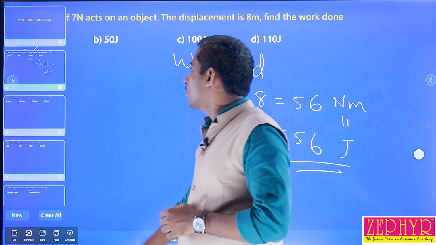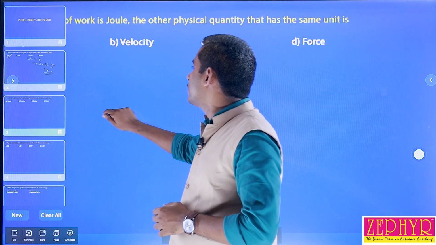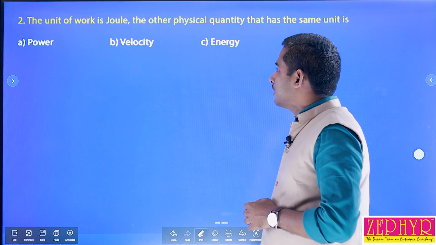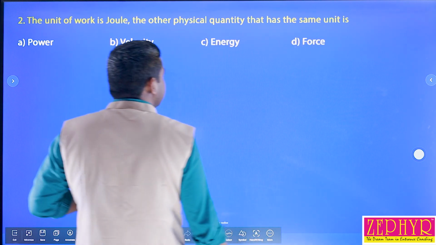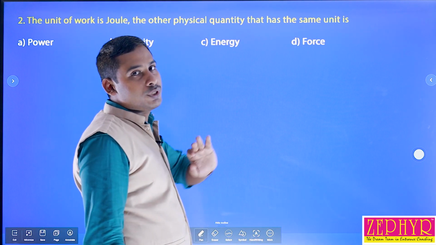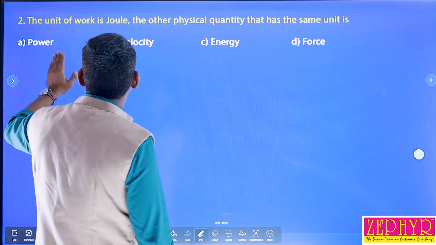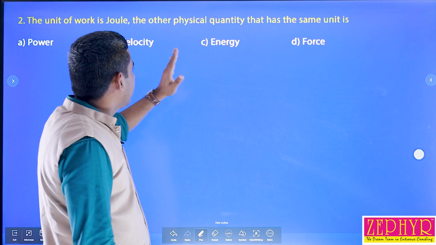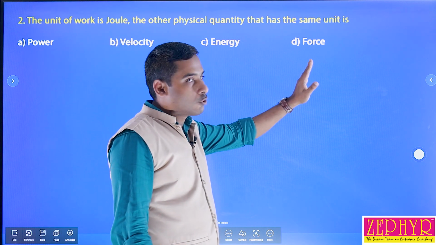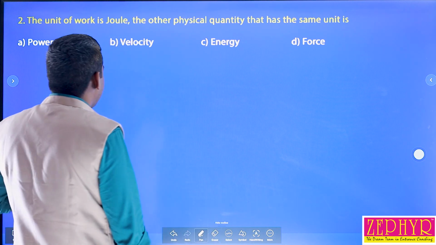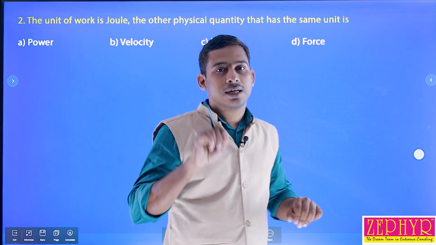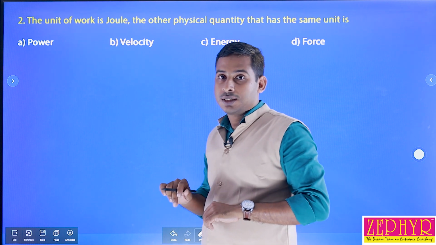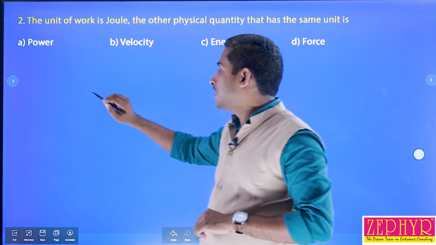Students, please note down the second question. The unit of work is joule. The other physical quantity that has the same unit is: option power, option velocity, option energy, option force. One by one we can check the SI unit of the four options.